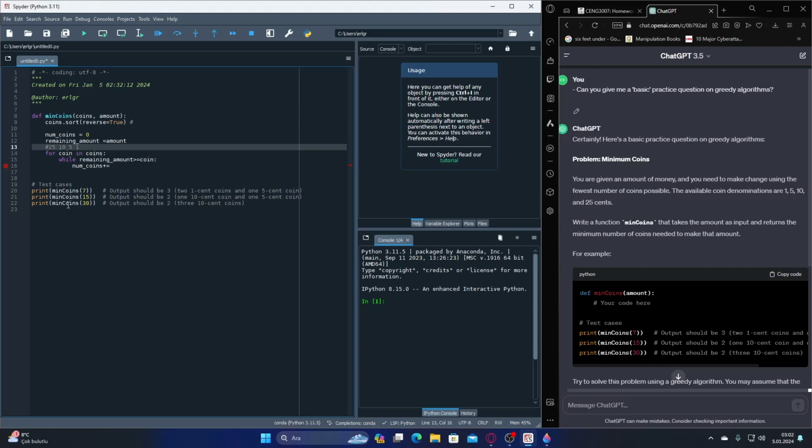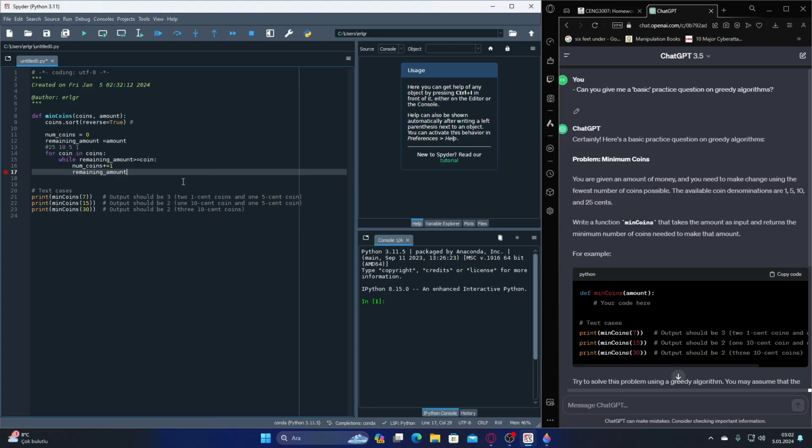If the remaining amount is bigger than the coin, it just adds one to the number of coins, and the remaining amount must decrease by the coin. Then return number of coins.